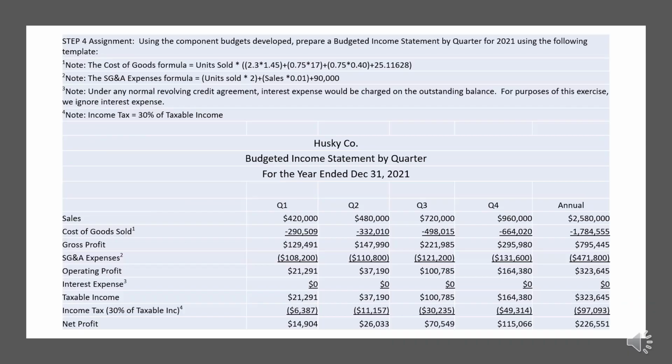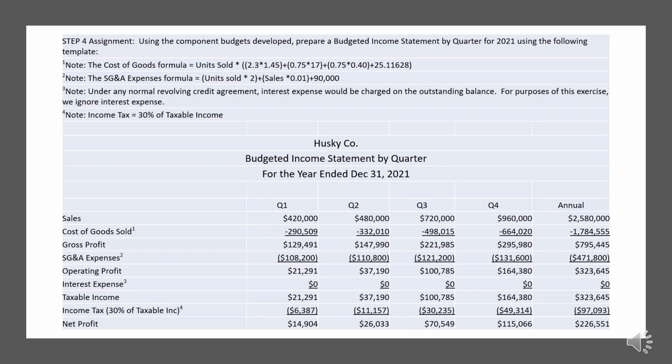Step 4 in building our budget is the compilation of a budgeted income statement by quarter, and this is what it looks like. We go back to our sales budget, where we pull the information for each quarter. Then we look at our cost of goods sold budget. Now, the cost of goods sold has a formula. It's 2.3 times 1.45.